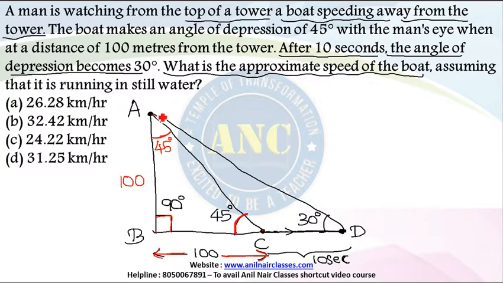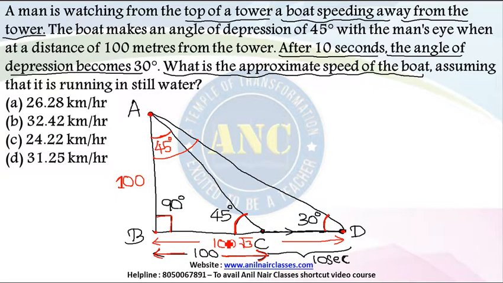Similarly, if I take the bigger triangle ABD, opposite to 30, if it is 1 unit, then opposite to 60, it will be root 3. That means if AB is 1 unit, BD is root 3, but AB is not 1, AB is 100, so BD should be 100 root 3.